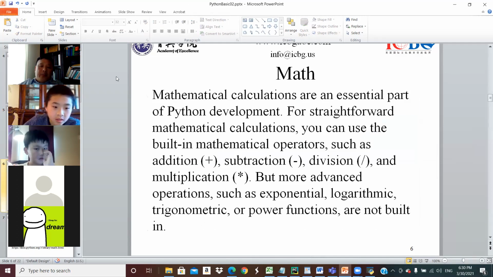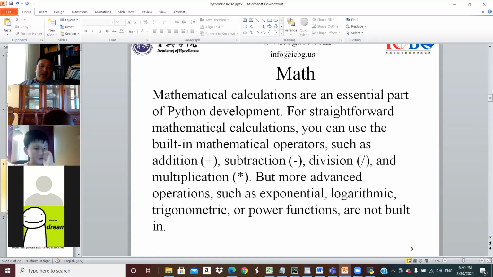So you have learned the basic operators. For this one, if you are in elementary school, you do not have to pay much attention if you do not understand it. That is fine. I just wanted to get you into Python scripting, Python coding, okay? So we do the math. Mathematical calculations are an essential part of Python development.